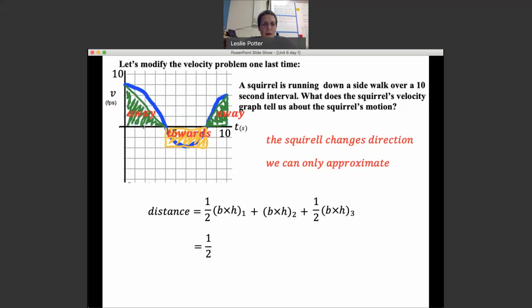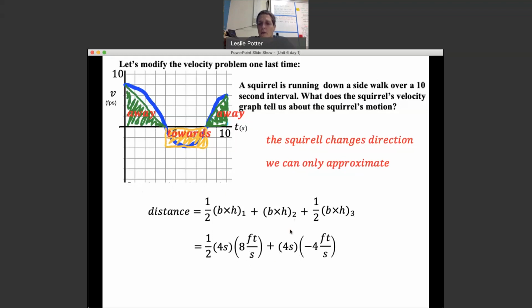So this first triangle has a base of 4 and a height of 8, it looks like. We have seconds and feet per second, so we've got good compatible units. This rectangular area has a base of 4 and a height of 4, because remember we're counting by 2's on the y-axis. And this height is negative.